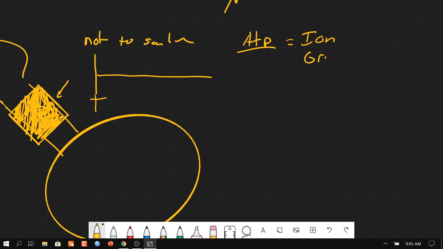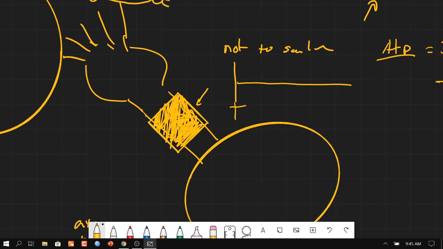So the ion gradients that we have, okay, the ion gradients that we have is we have a lot of sodium outside and a lot of potassium inside. Why is there more sodium on the outside and more potassium on the inside?